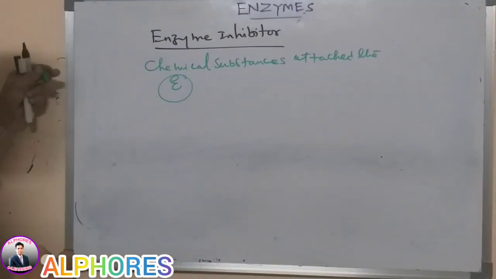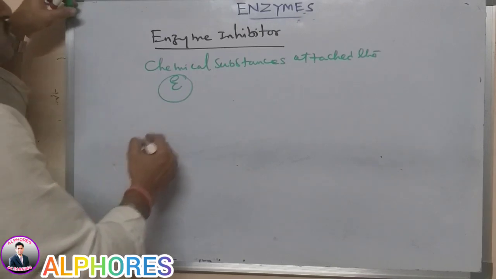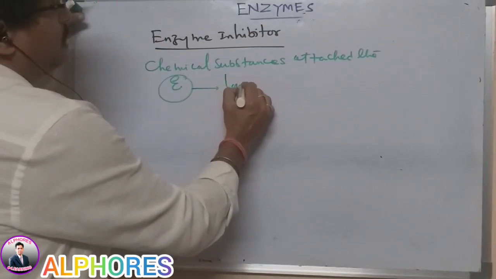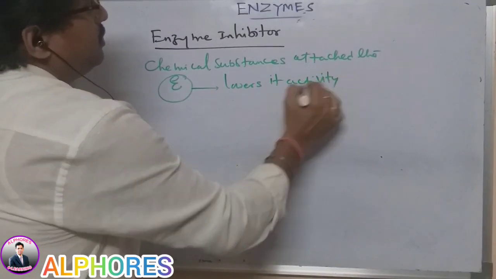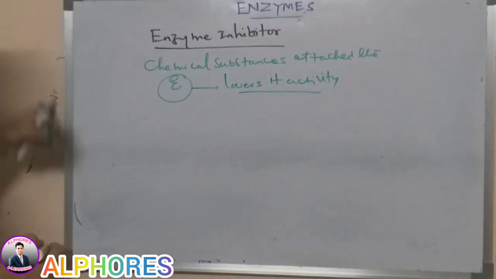As a result of this attachment, it lowers their activity. These are called enzyme inhibitors.